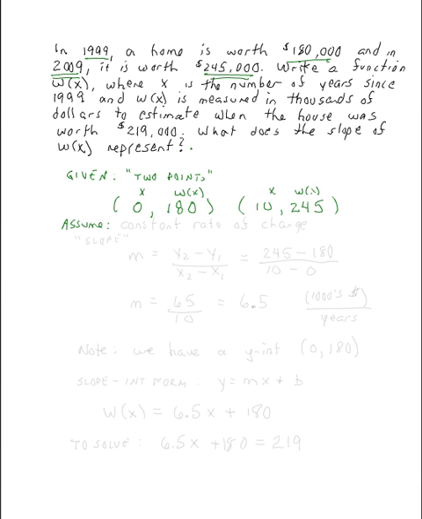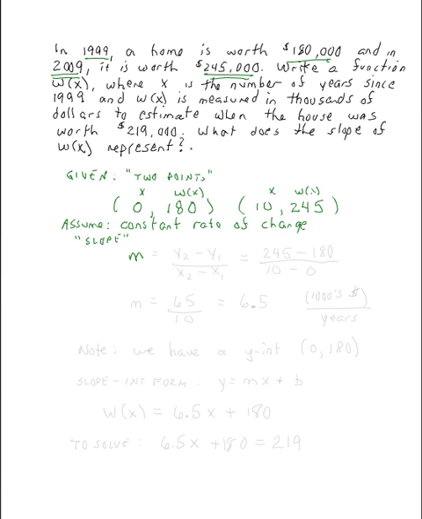Now we're going to make an assumption here. I don't know that this house increases in value by the same amount every year, but for our purposes, we can assume a constant rate of change overall. Overall, the value of the house is increasing. Because we're assuming a constant rate of change, this is where we can define it as our slope.